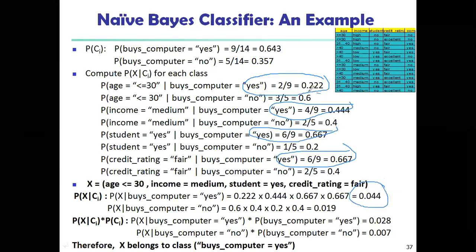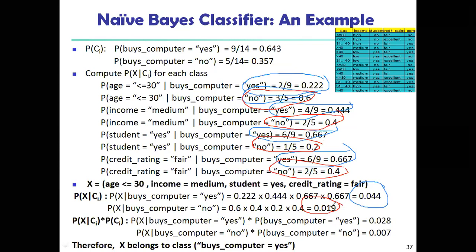Similarly for no, here also no, here also no. You have to multiply all these values and get 0.019.